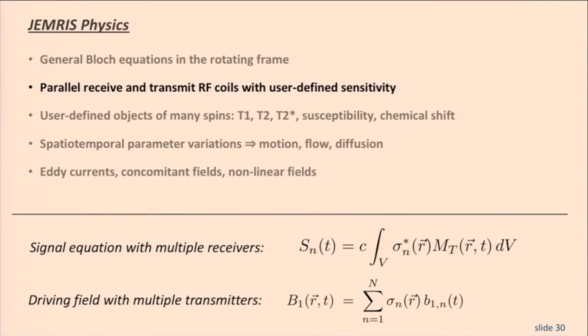Well, if you're additionally interested in high field MRI, you may have heard this approach is also taken to the transmit side, because we typically have a distorted excitation field at high field, and that can be cleaned up or mitigated with multiple transmitters. So that's something we want to be able to simulate as well.